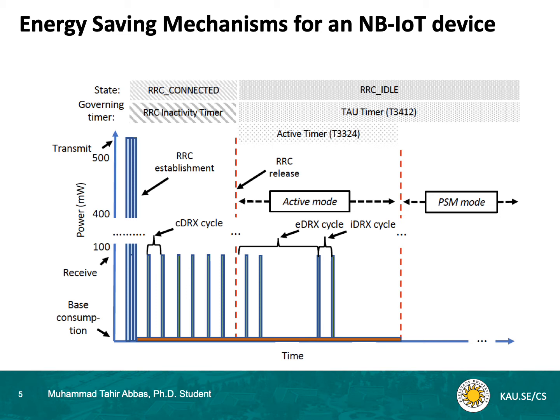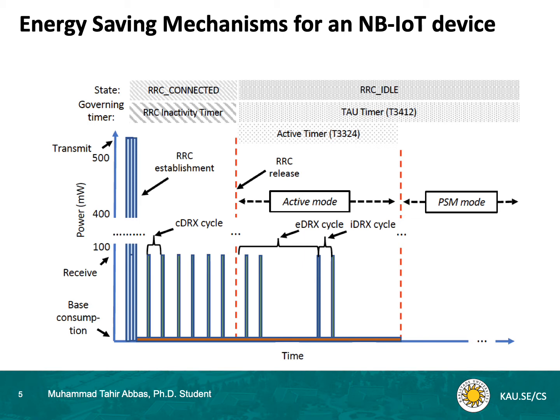In the RRC connected state, the high blue peaks represent the energy consumed during the connection establishment and data transmission, and the low peaks show the energy consumed during the DRX cycles, during which the device listens for any downlink information. At this point, the device alternates between listening and idle periods to save energy.